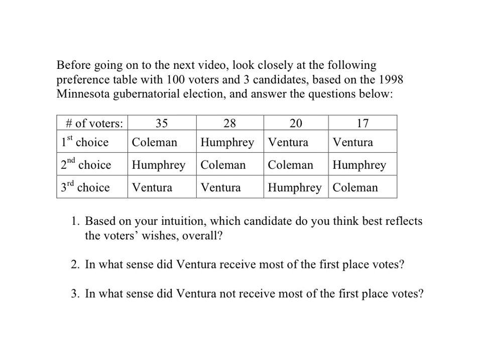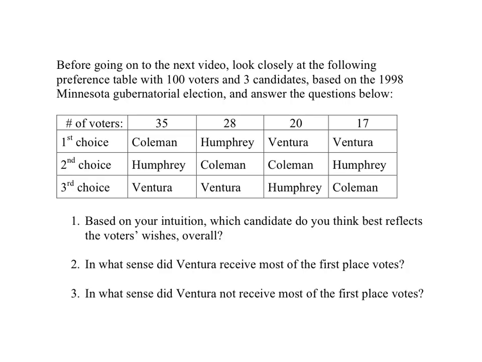Before you go on to the next video, look closely at the following preference table. With 100 voters, right, so 35 voters plus 28 voters plus 20 voters plus 17 voters, that's 100 voters total, okay? And 3 candidates, Coleman, Humphrey, and Ventura. This example is based on the 1998 Minnesota gubernatorial election.